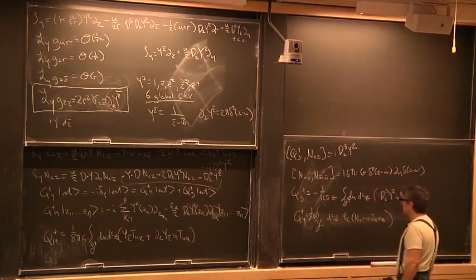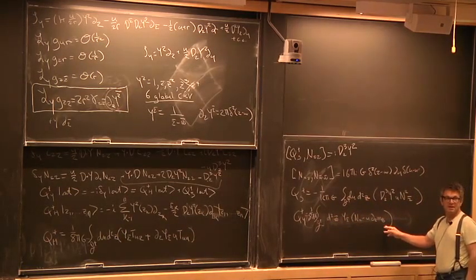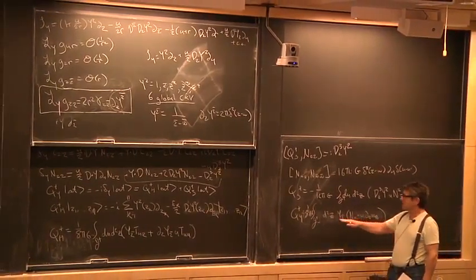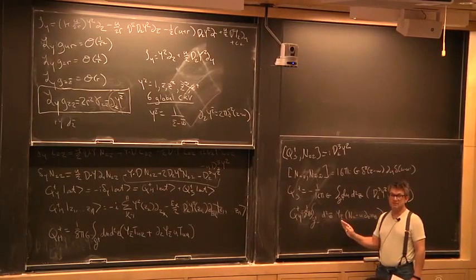Now, the first thing that might bother you about this expression is that we're evaluating it at scribe plus minus, where u is minus infinity.